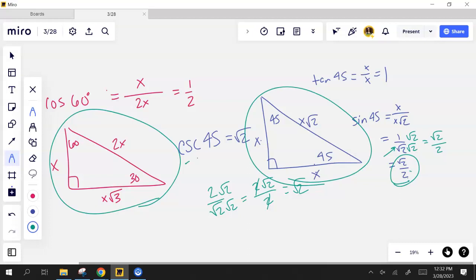I may give it to you the same day I introduce it, maybe tomorrow. Probably before we leave for spring break. I don't want anything hanging over spring break. I try not to give anything over spring break.